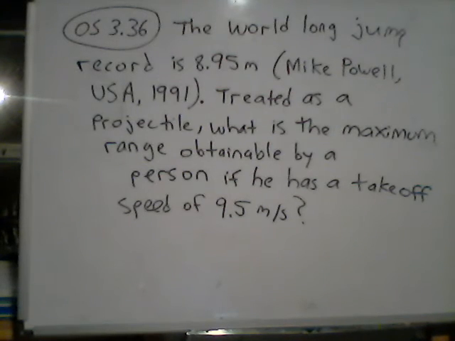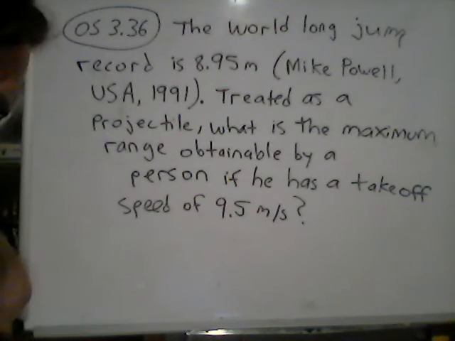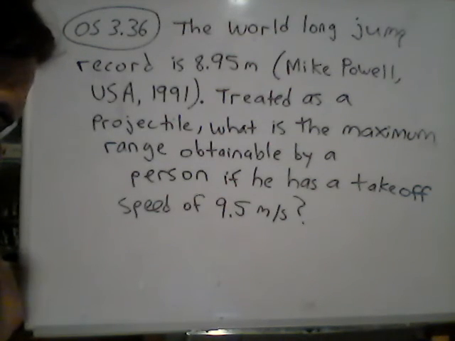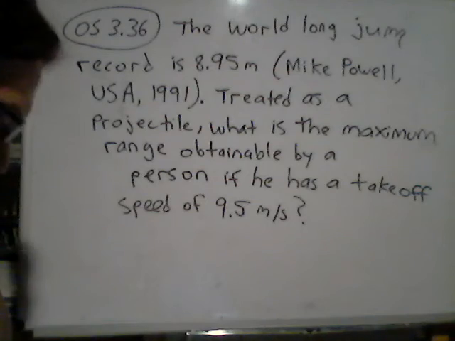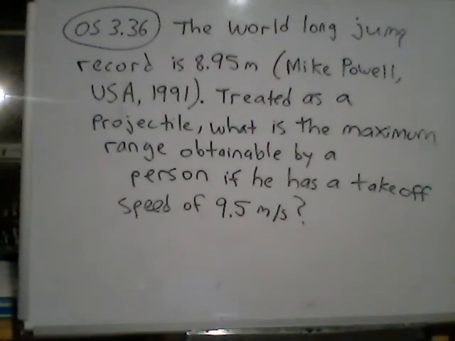I mean, that's as good as this person can do. The question is, if this person went all out and obtained that kind of velocity, what are we looking at? What maximum range can this person obtain?